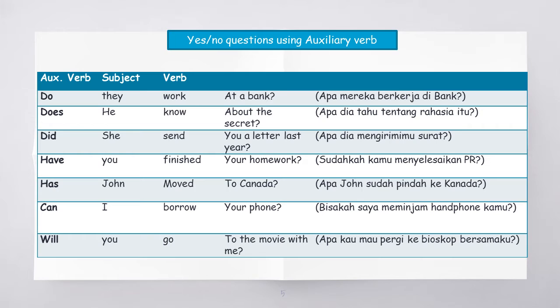Did she send you a letter last year? Another: do, does, did, have, has, can, will as auxiliary verbs. They, he, she, you, John, I as subjects. Work, know, send, finish, move, borrow, and go as verbs.